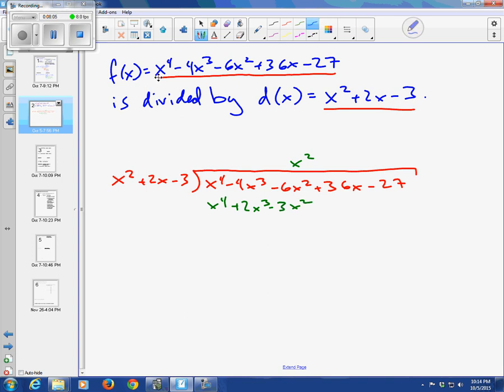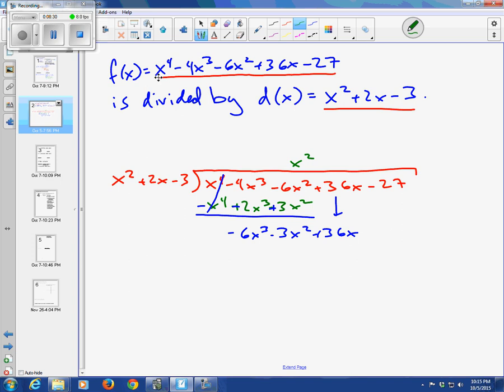Now if we distribute that negative through to get additive inverses with our lead terms, we're going to get a negative 2x cubed and a plus 3x squared. Combining like terms, we see our lead terms cancel out. This is going to be a minus 6x cubed, and right here we are going to end up with a minus 3x squared. And then we can drop down our next term, which is a plus 36x.